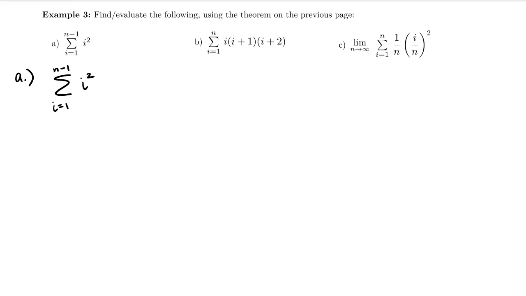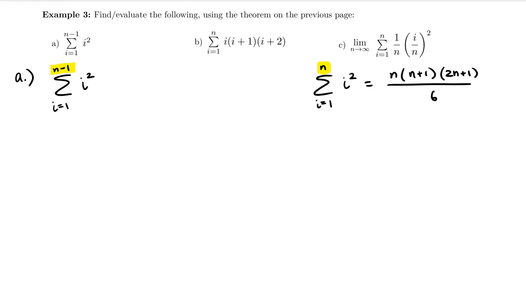If you recall, the one on the previous page said that if we have the summation from I equals 1 to n of I squared, what that is equal to is n times n plus 1 times 2n plus 1 all over 6. So notice here that the only difference is that here our upper index is n, and here our upper index is n minus 1.